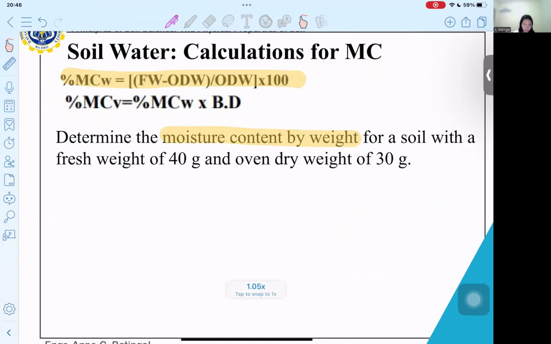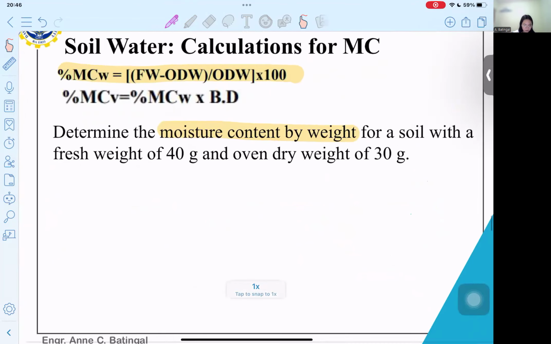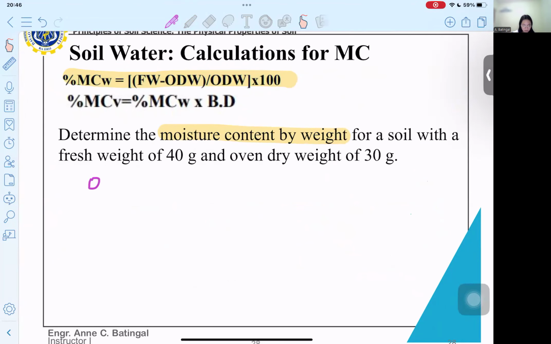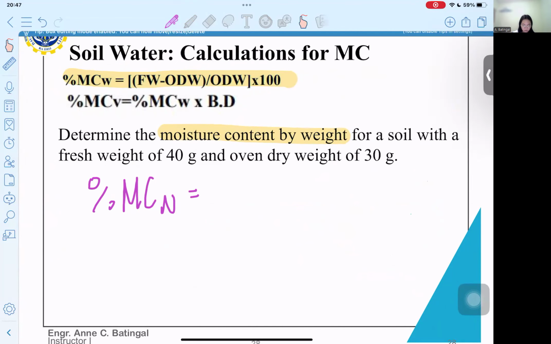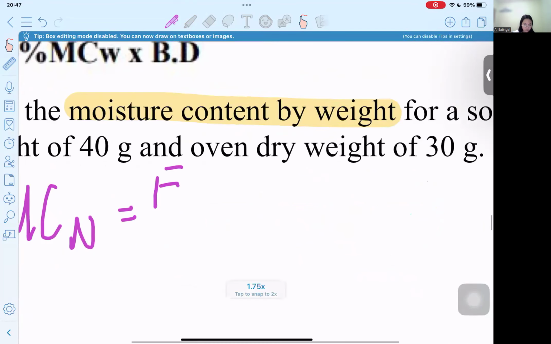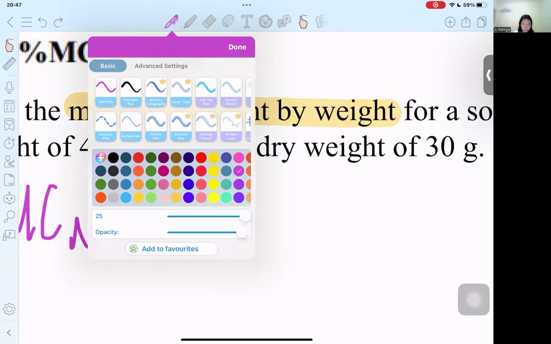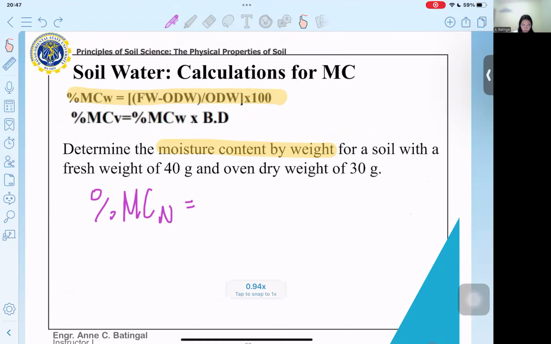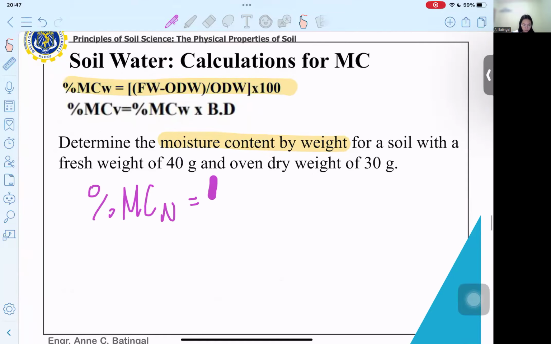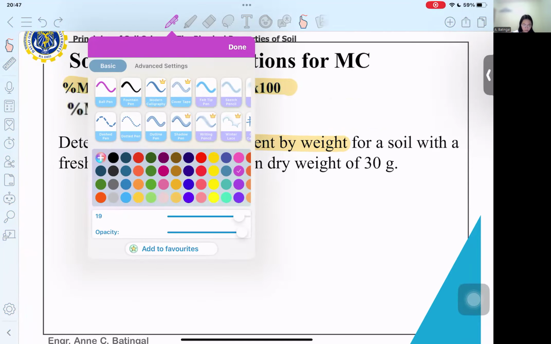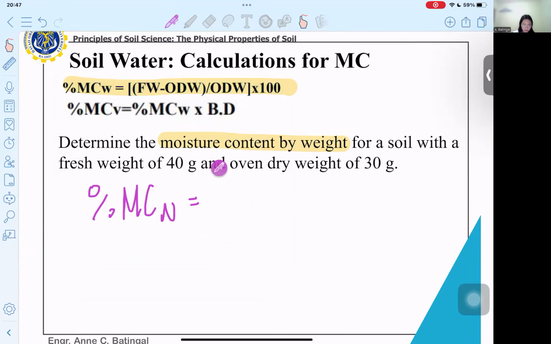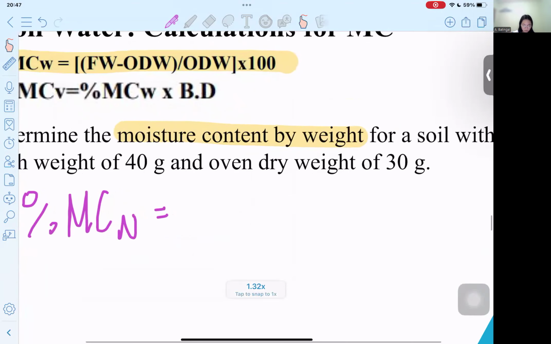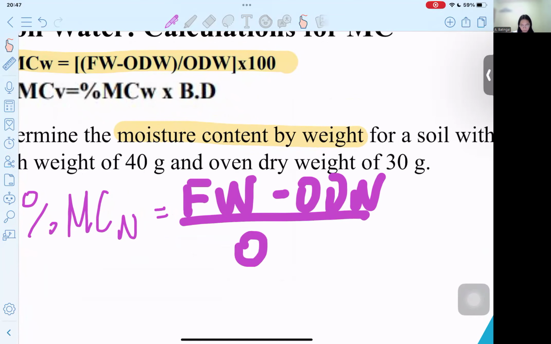So, just substitute: moisture content by weight is equal to fresh weight minus oven dry weight over oven dry weight times 100.